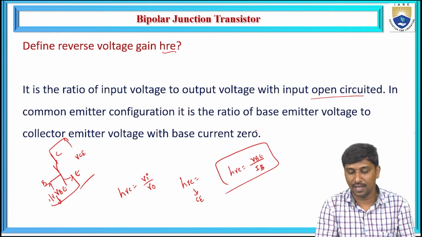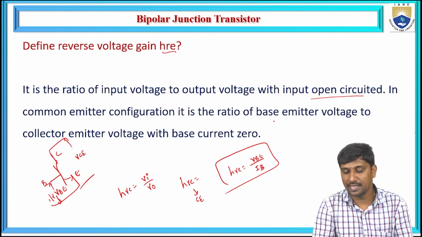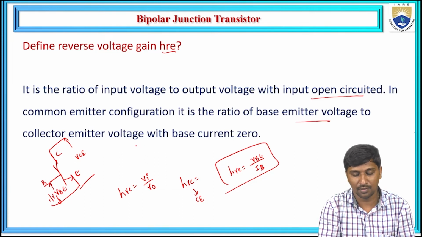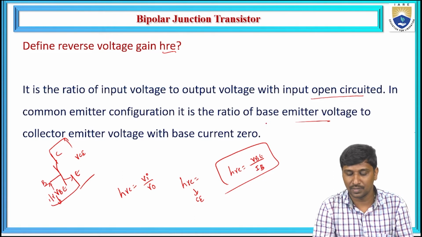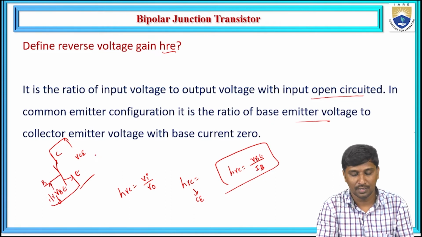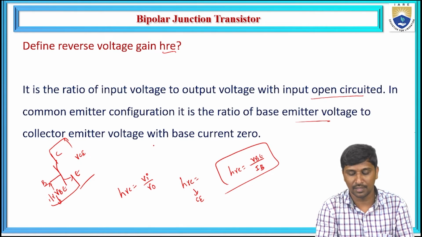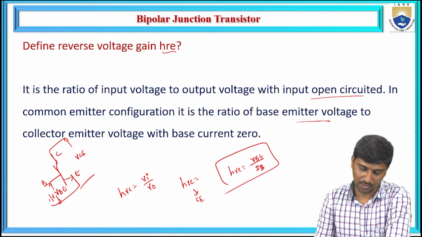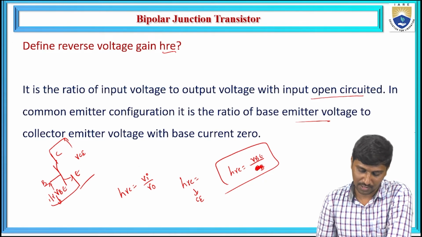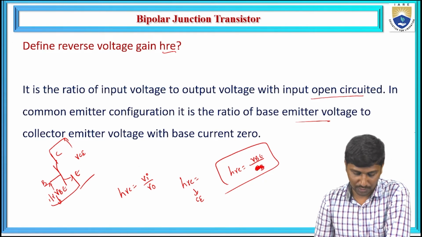That is the reason it is defined as the ratio of base emitter voltage to the collector emitter voltage with base current is 0.